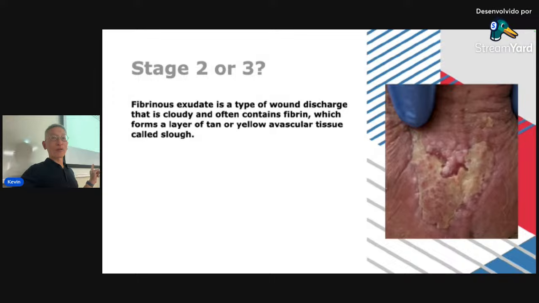Coming back to this picture, the fibrinous exudate is a type of wound discharge that always has this cloudy yellowish appearance and may contain a high concentration of fibrin, but not non-viable tissue per se.